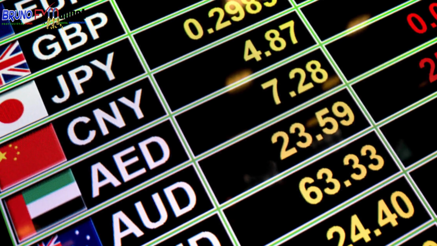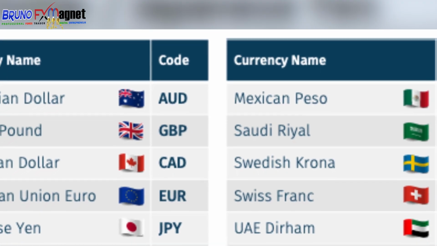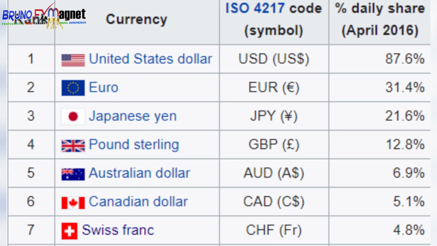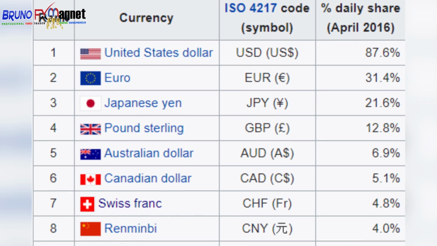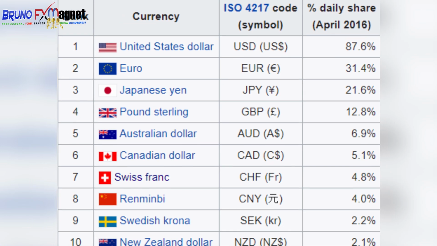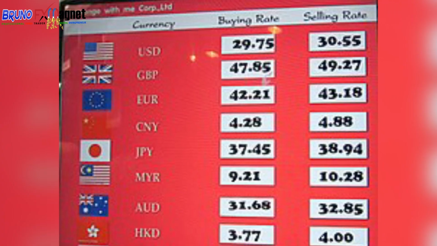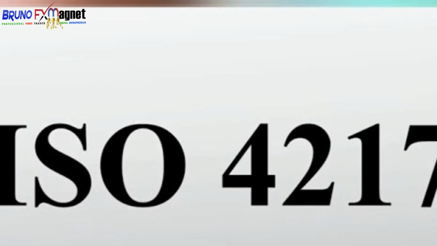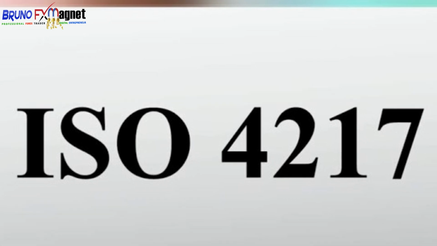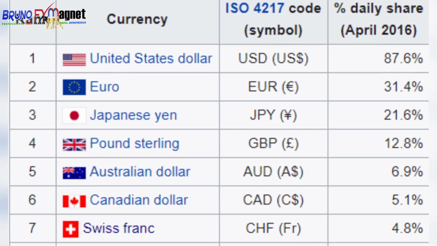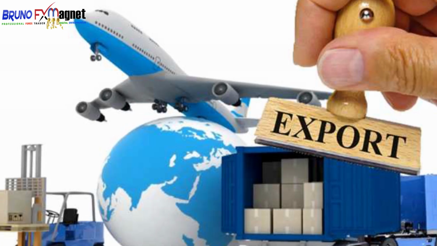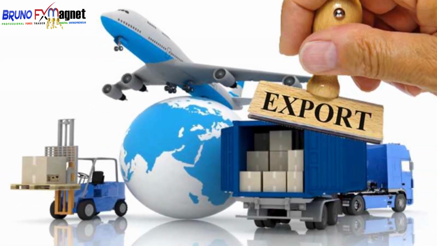Each currency is represented by 3 letters called the currency code according to the International Organization for Standardization. The ISO 4217 code list defines different currencies and is the standard used in the banking industry and in businesses all around the world.